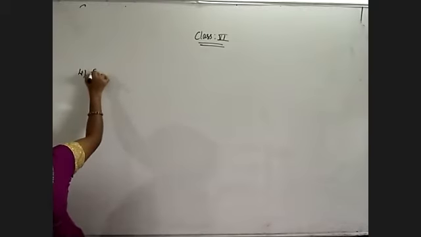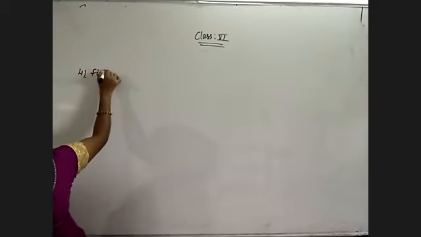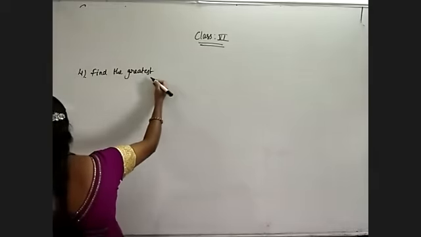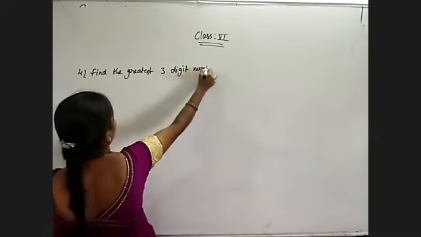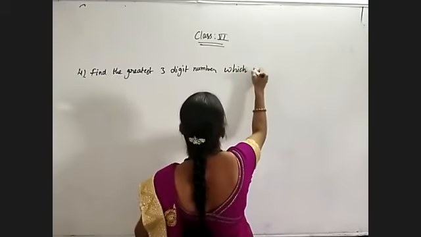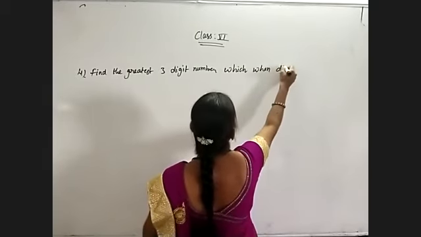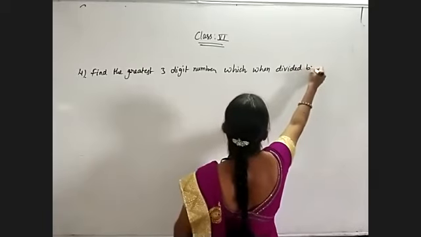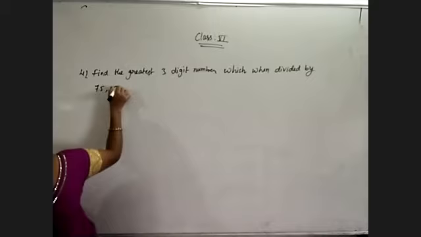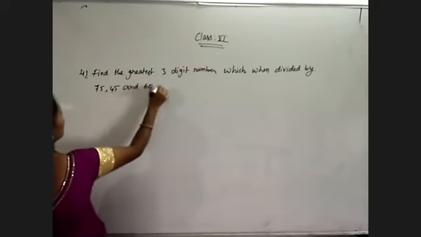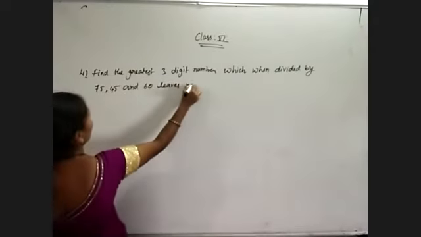Find the greatest number, greatest 3-digit number which when divided by 75, 45 and 60 leaves no remainder.